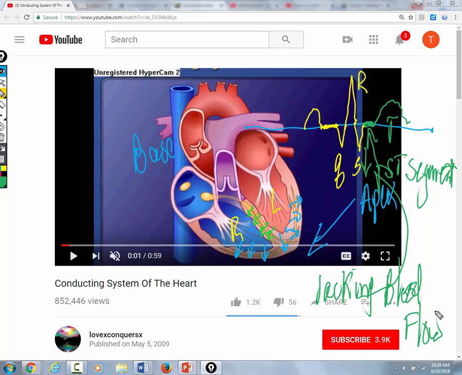The ST segment is sensitive to oxygen change. If the heart muscle is lacking blood flow, the ST segment begins to drop below the baseline. It's called ST segment depression.